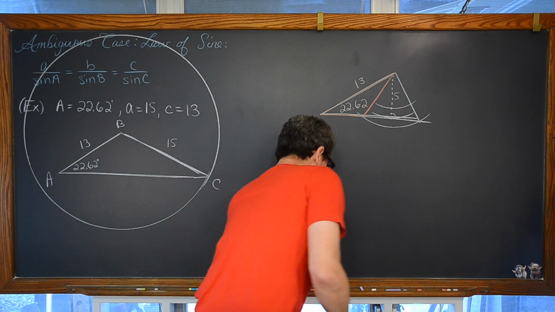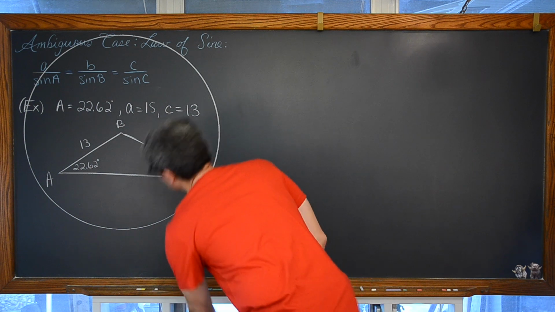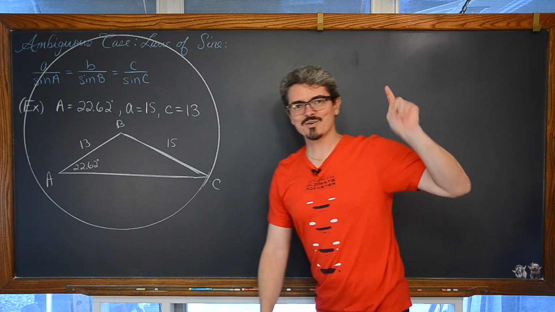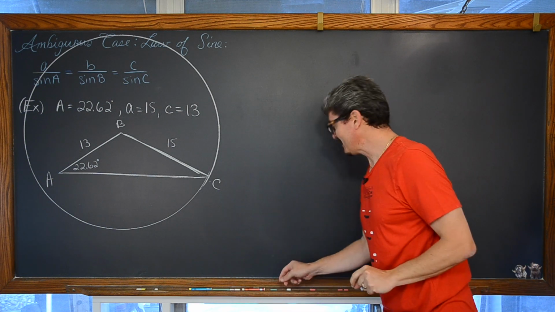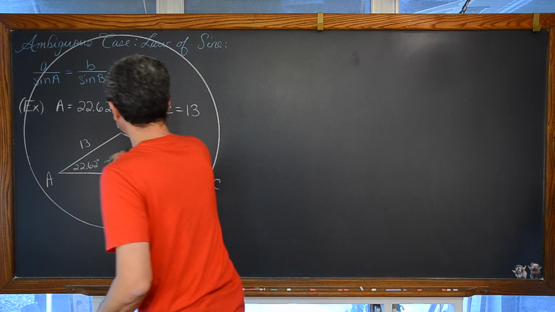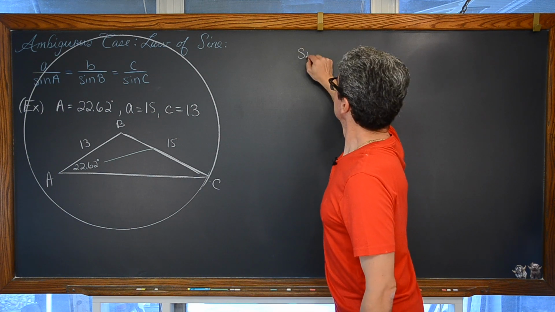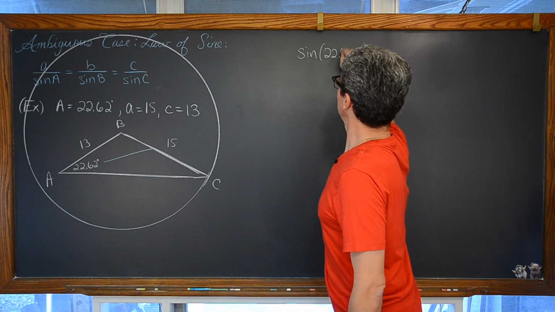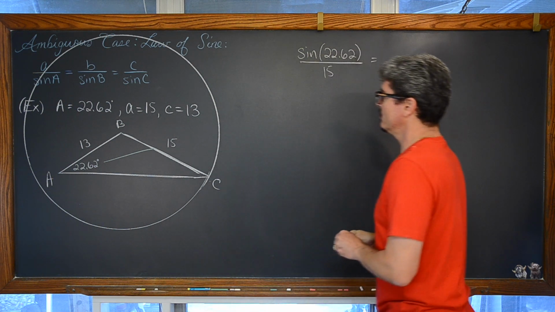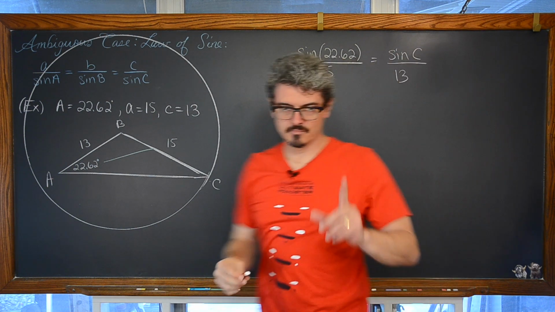But if that little rule just slips your mind, no problem at all. Take the information, draw a picture: side, side, angle, the ambiguous case for dealing with the law of sine. You have that side, you have that angle, they're opposite each other, and we get the sine of 22.62 over 15 is equal to the sine of C over 13.